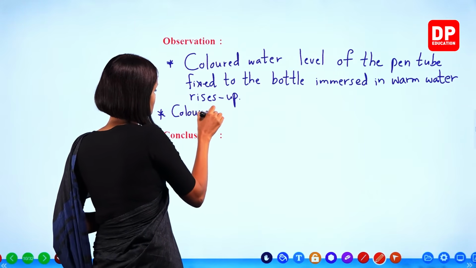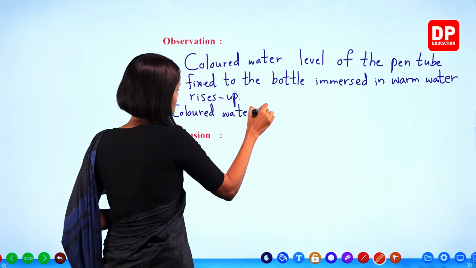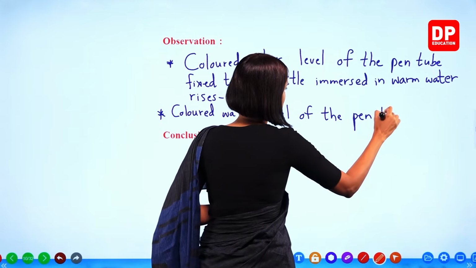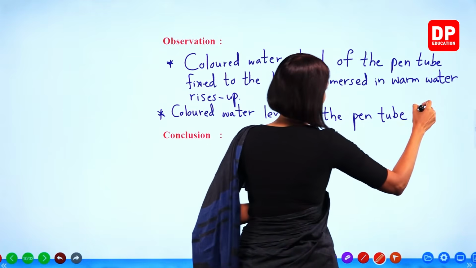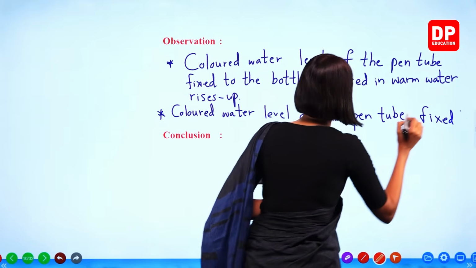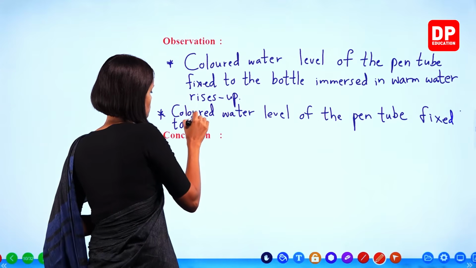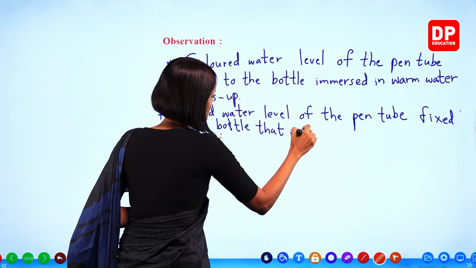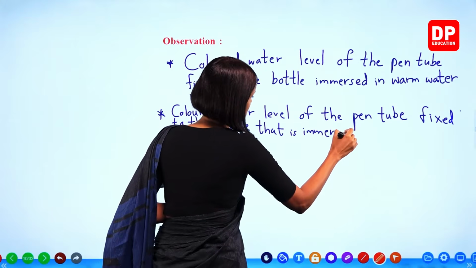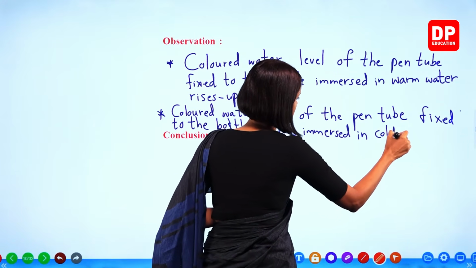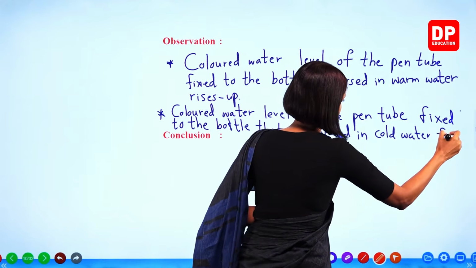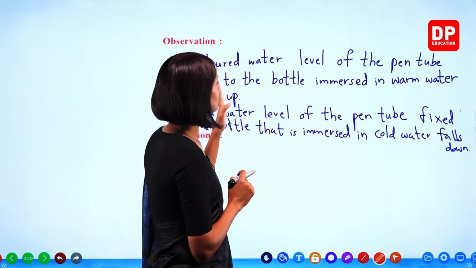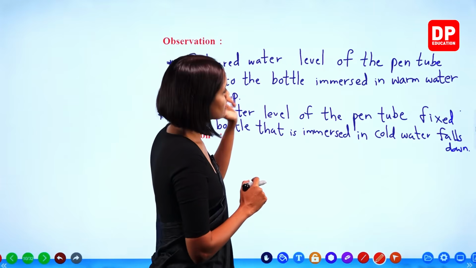Colored water level of the pen tube fixed to the bottle that is immersed in cold water falls down or drops.